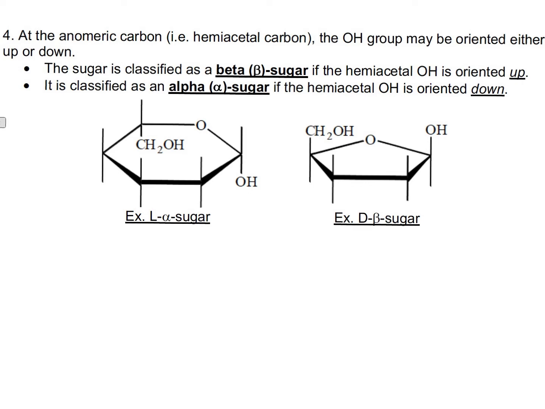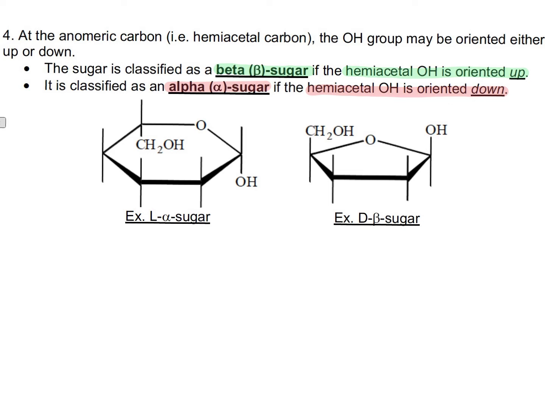The sugar is classified as a so-called beta sugar if the hemiacetal OH group is oriented upward. On the other hand, it'll be classified as an alpha sugar if the hemiacetal hydroxy group is oriented downward. This seems a little counterintuitive to me because I always think of alpha as being at the top and beta being below.